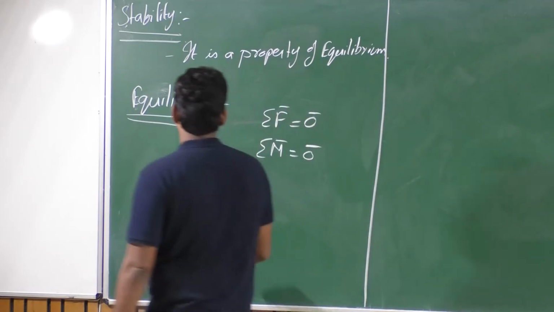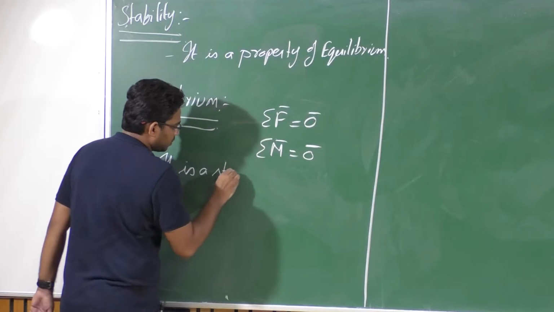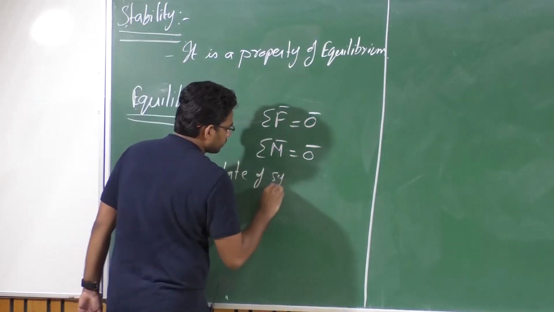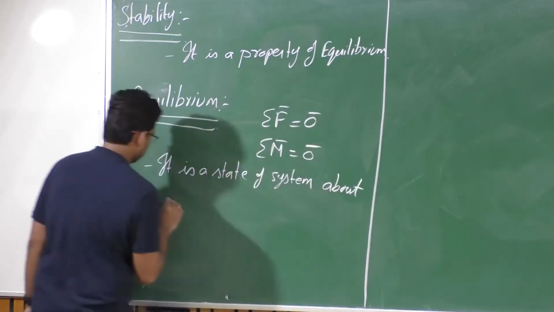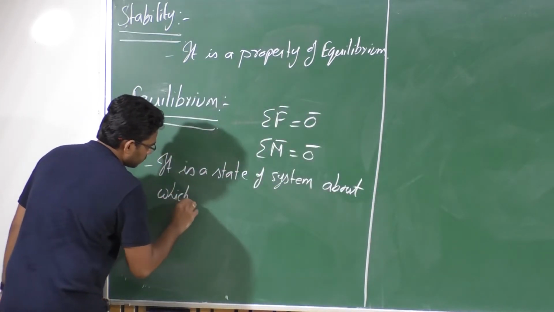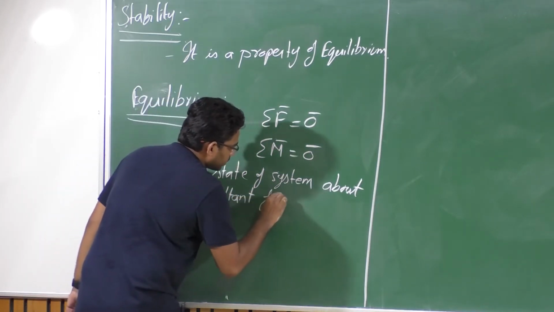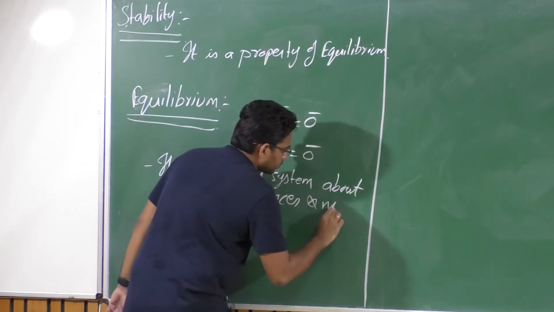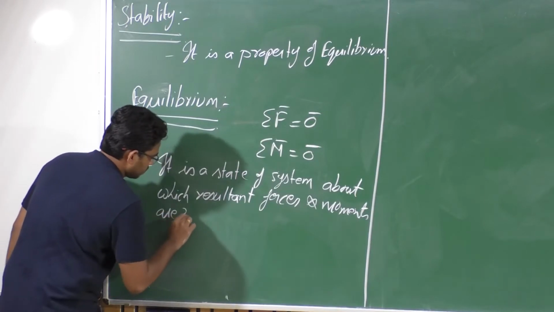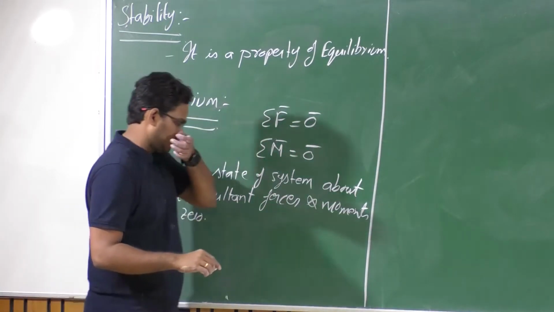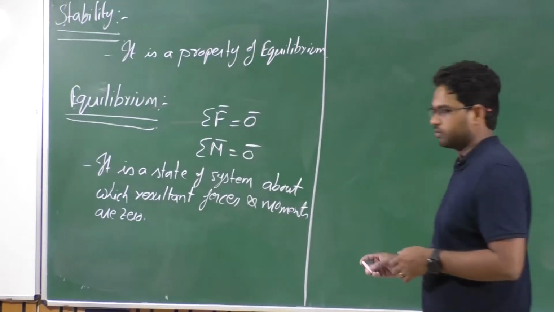So we say equilibrium corresponds to a state of the system about which resultant forces and moments are zero, or no net forces and moments are acting on the system, right?